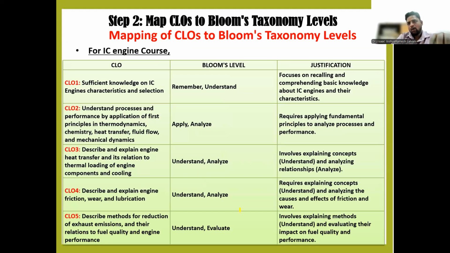Now, how am I categorizing my course learning outcomes to a particular Bloom's level? As you see, this course has 5 course learning outcomes, and in the center column you will have the Bloom's level. My course learning outcomes are taken from my harmonized curriculum for this subject, the IC Engines course.